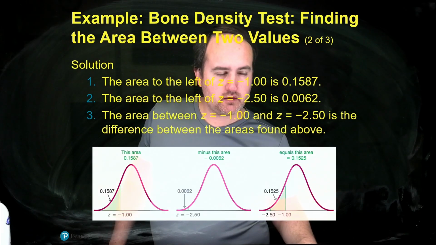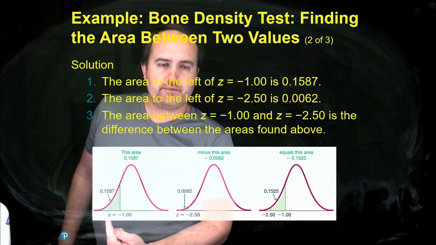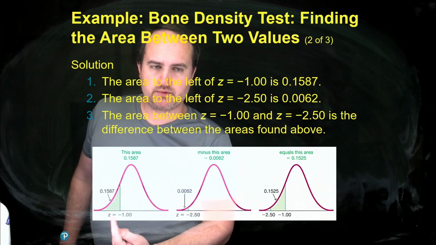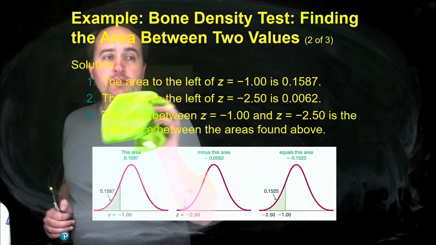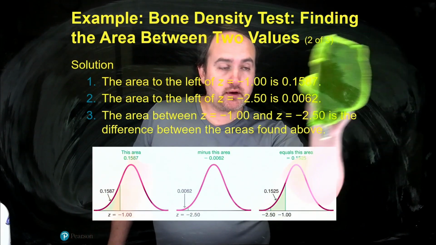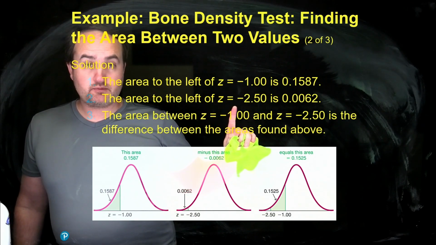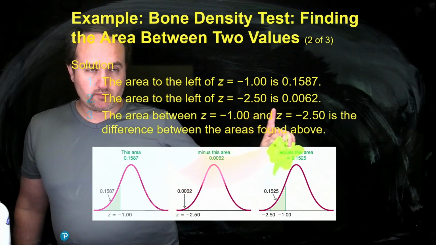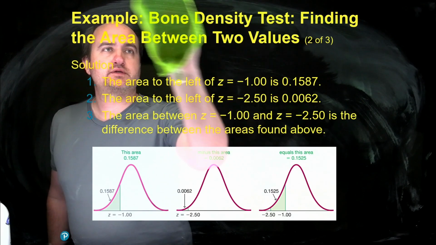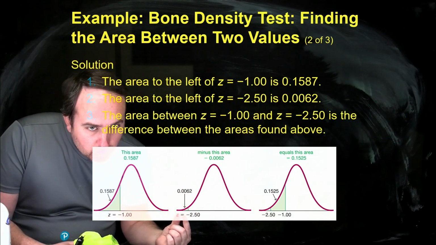That was this one right here. This was the larger area, which was this whole green area to the left. And then the smaller area was the area to the left of z equals negative 2.50. And we got that was 0.0062. So that's this much smaller area here, this little sliver there.